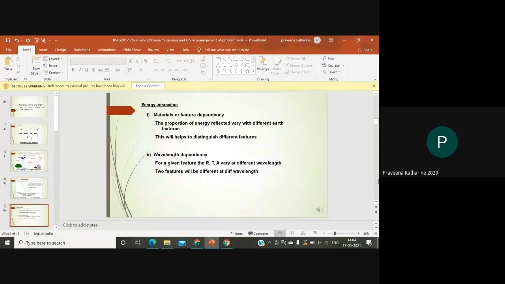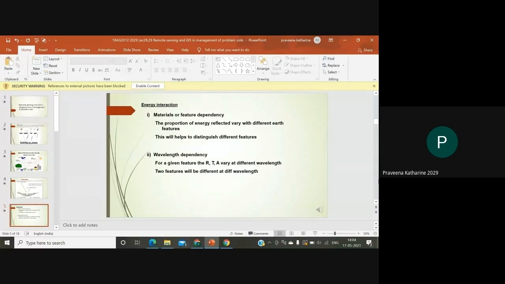Right. So the energy interaction depends upon the material or the feature. The proportion of energy reflected will vary based on different earth features. A tree will emit radiation differently, water will emit radiation differently, soil will emit radiation differently.